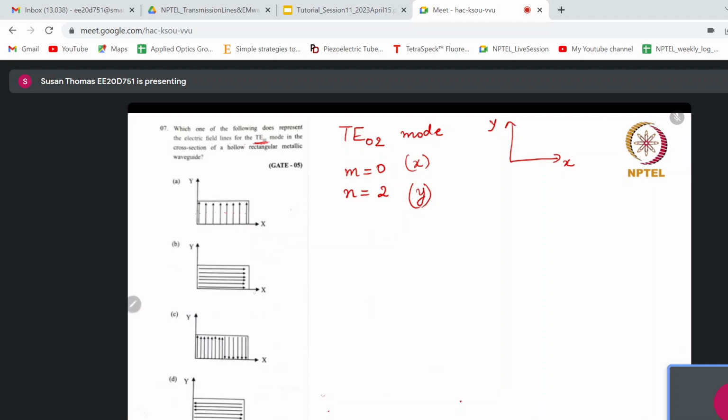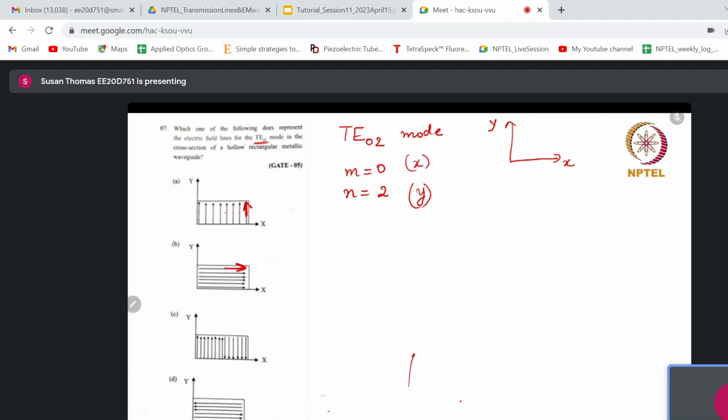If you see the second option, the field is pointing towards the x direction. So in option A, the field is pointing towards the y direction, and in option B, the field is pointing along the x direction.